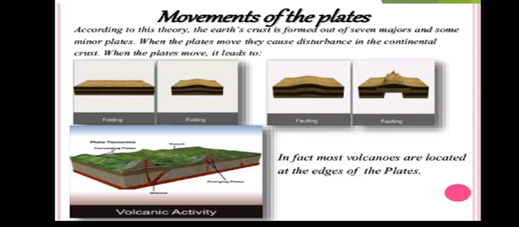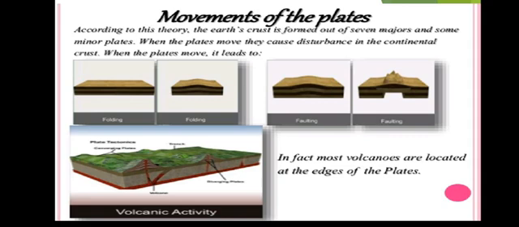When 2 plates come towards each other, it may also be called folding movements. This is convergent, when 2 plates come towards each other. Second one is your divergent. When some plates move away from each other, they form a divergent boundary. It is called faulting.